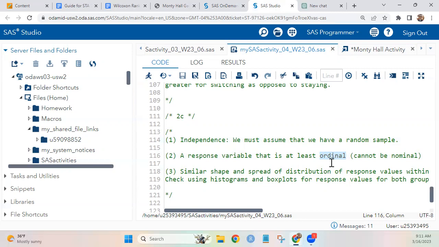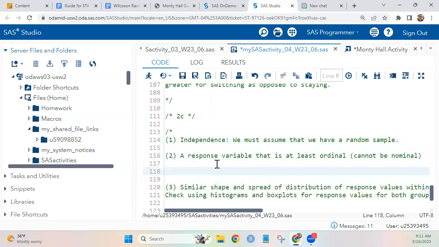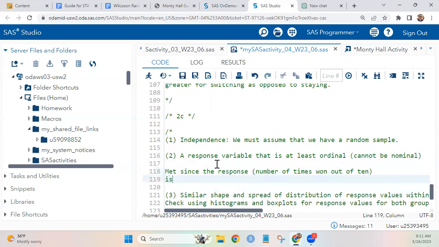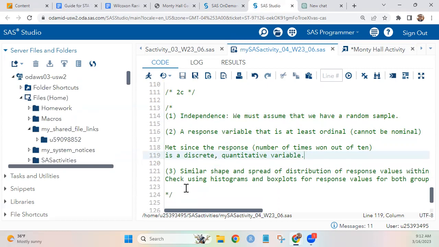In this case, we have a discrete quantitative variable, so that's met here. Okay, so the first two assumptions are met for the Wilcoxon rank sum test.